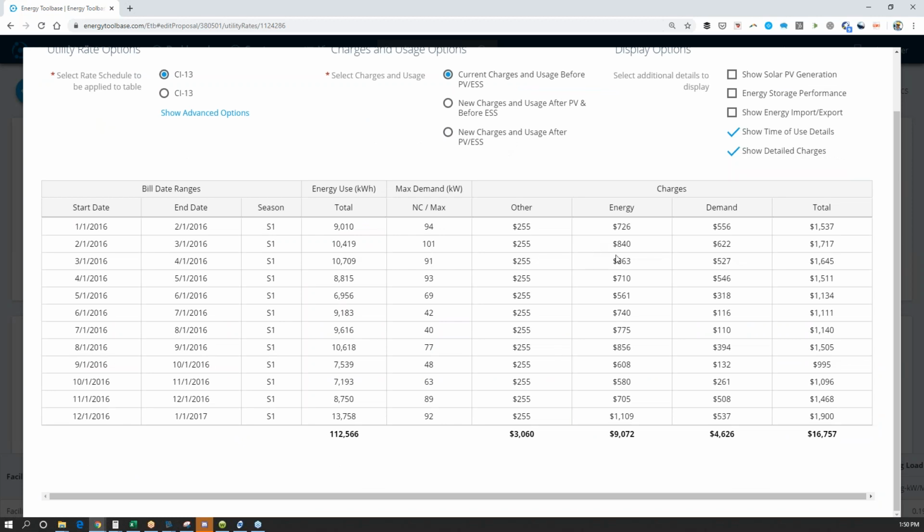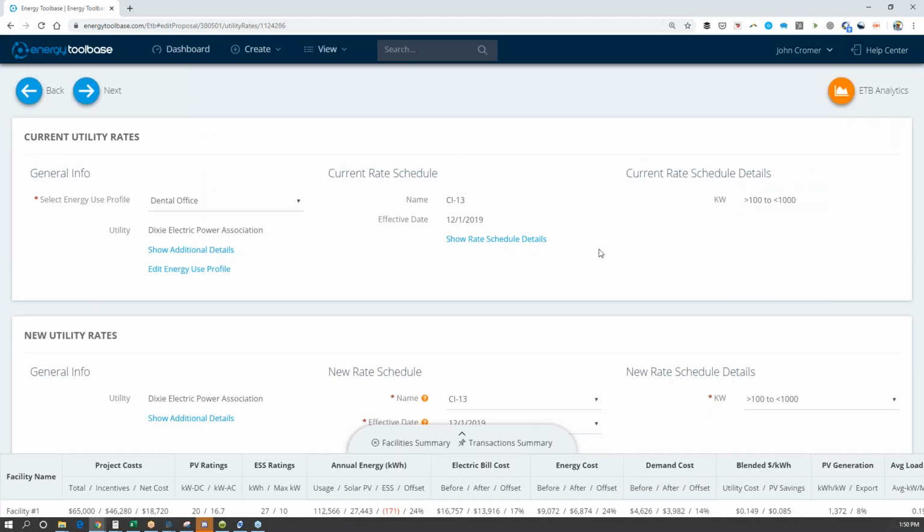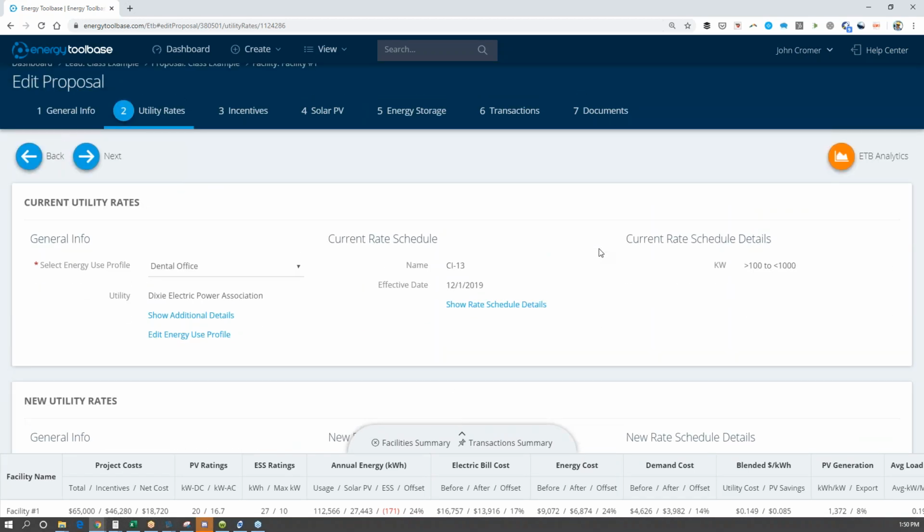What we're seeing here is that under this particular rate structure with this particular utility, the bill is kind of more energy heavy than demand heavy, and so our demand charge reduction has to be the spikiest of peaks and not even more than that because we have a relatively low demand charge.